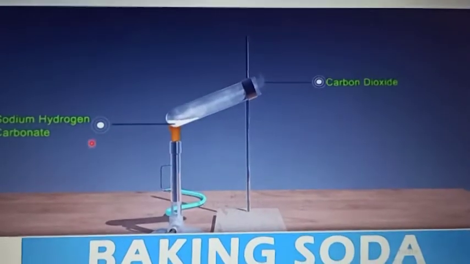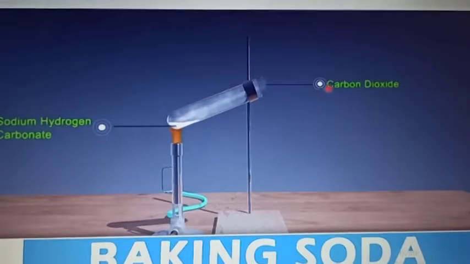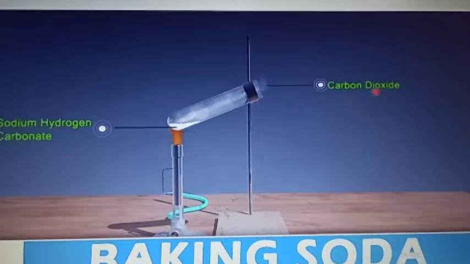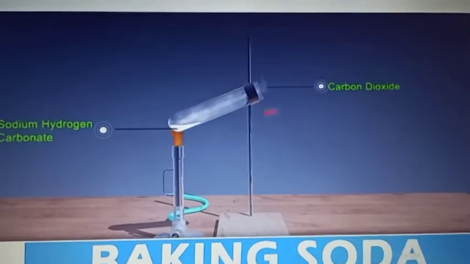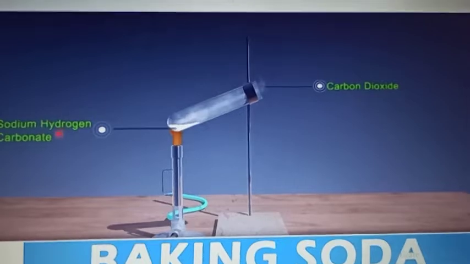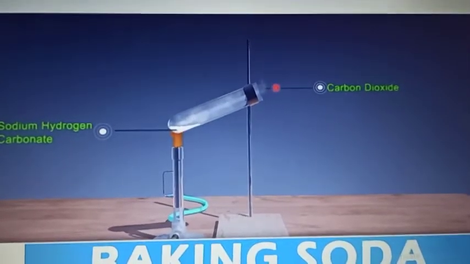You can see when it is heated, it releases carbon dioxide, and this is the carbon dioxide which makes your cakes fluffy, because it is an ingredient of the cakes also. Your cakes become soft and spongy because when it is heated, it releases carbon dioxide gas.